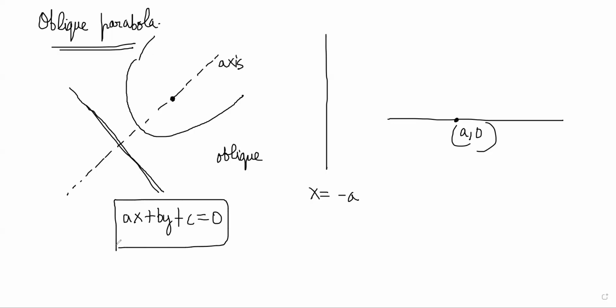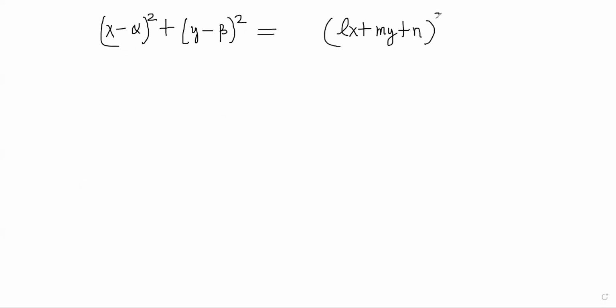So let's think about how we would write the general equation of a parabola in this case. x minus alpha whole square plus y minus beta whole square is equal to (Lx plus my plus n) whole square by L square plus m square.